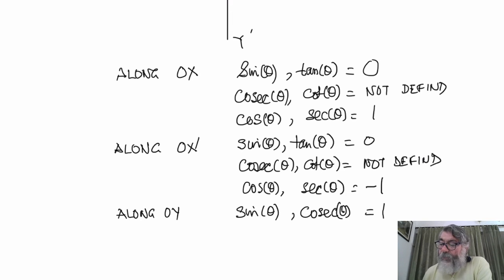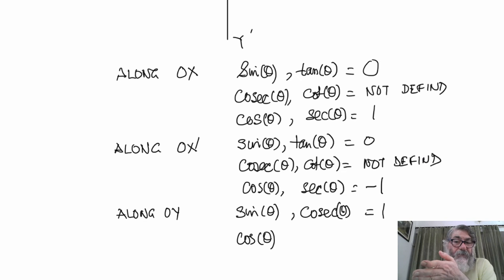Now, what will be 0 along here? What was 1 on the horizontal axis will become 0 on the vertical line. On 0, what is there? Cos theta, cos 90. The odd multiples of pi by 2 in cos will always be 0.